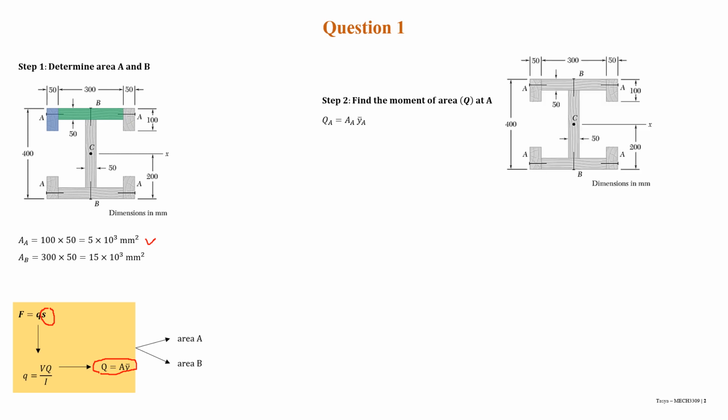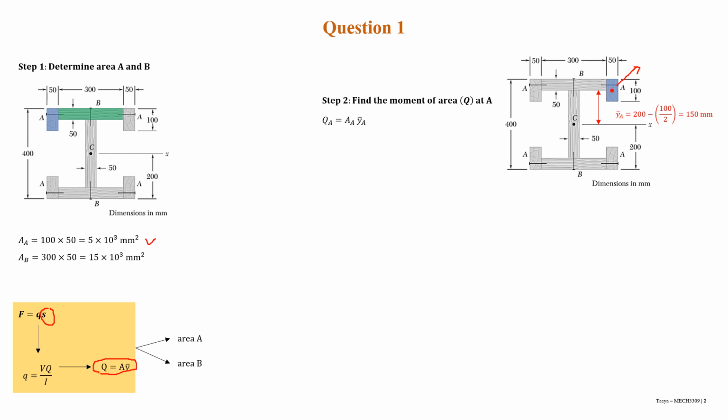How do we find it? YA is the distance between the neutral axis to the centroid of area A. Here the centroid is in the middle of area A. This one is the centroid of area A, and it is placed right in the middle of the area.